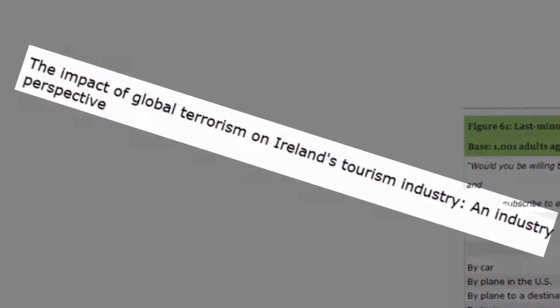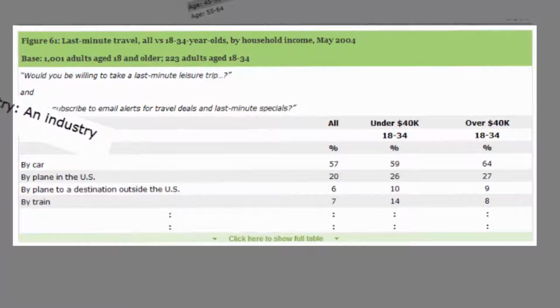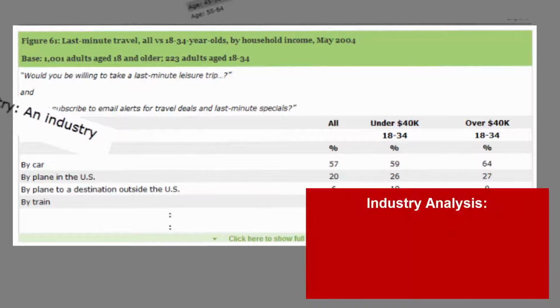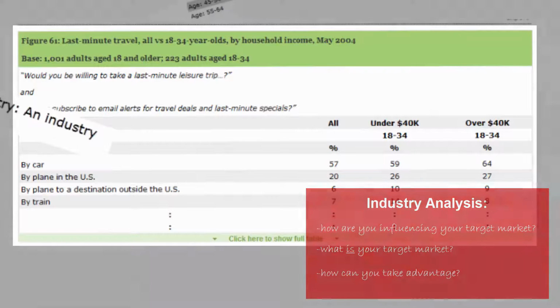We can look at the impact of global terrorism, and this is just a header from one of these reports that we looked at. We can then jump over to trends like last minute travel of any age group versus the 18 to 34-year-olds, because that might be your target market. Often when you're doing an industry analysis, you're trying to figure out how you are influencing that target market. What is your target market? And how can you better tap into their preferences and desires?